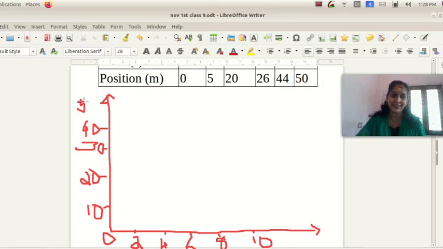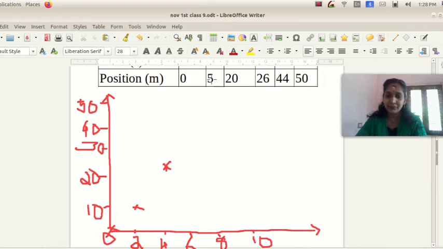Please adjust it. At 0 second, our car is at 0. It has not started its travel. At 2 seconds, it traveled 5 meter.